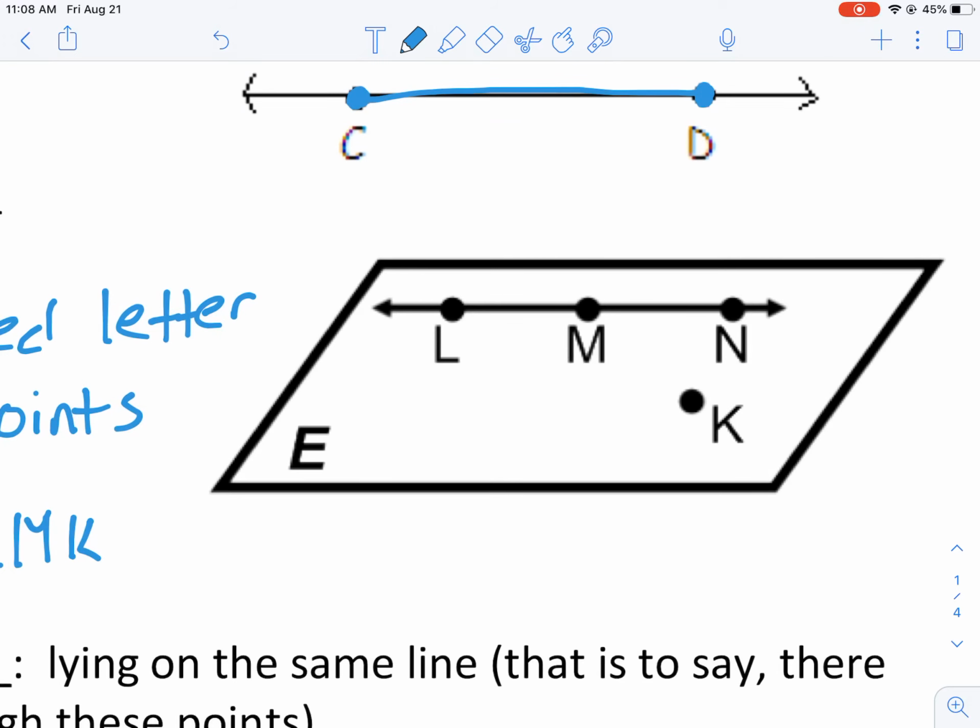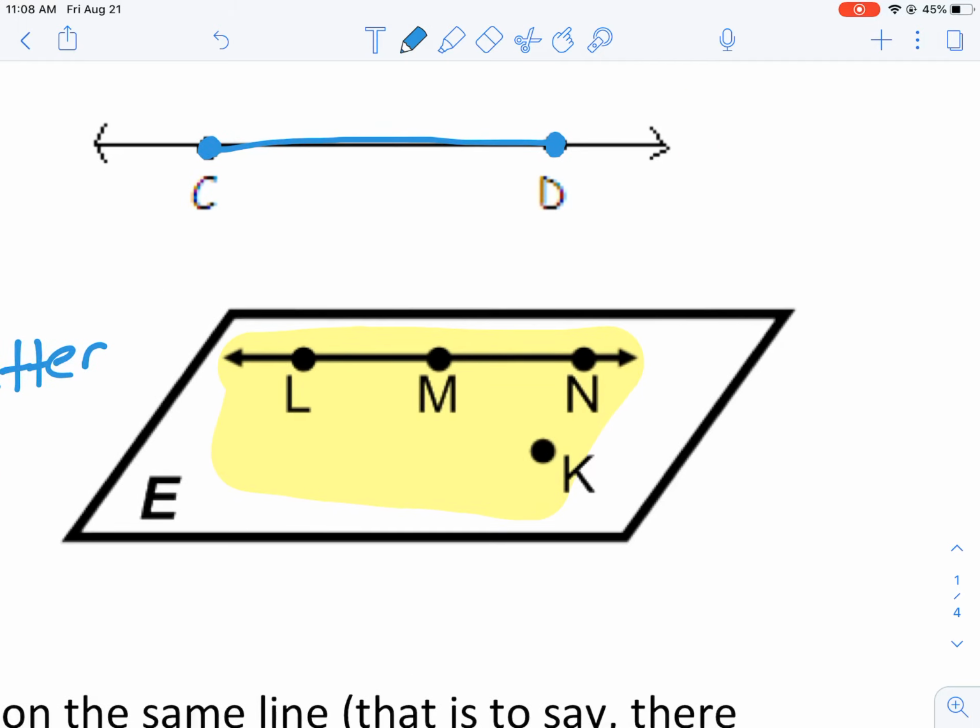So if we look up here, L, M, N, and K are all coplanar because they all lie on the same plane. It's hard to think about a point that's not in that plane, because if I draw that point right here, well, this extends forever, right? You kind of have to think about taking this 2D plane and turning it 3D.